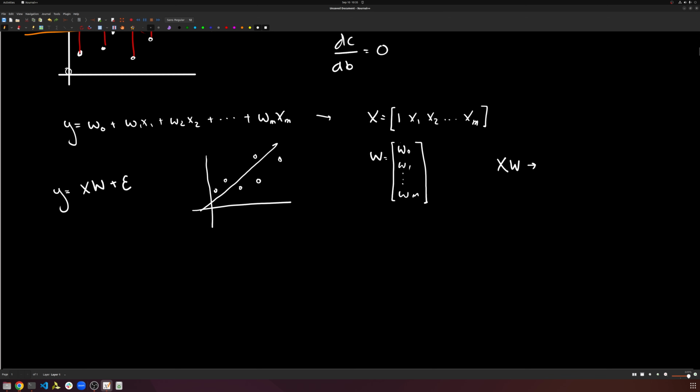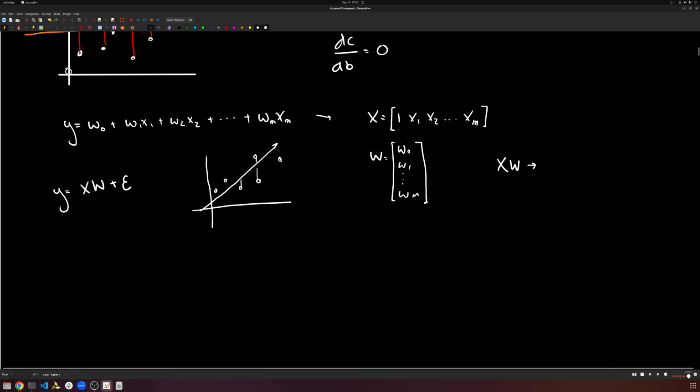Here's our line of best fit. And so our true y values are going to be xw, which is this line, w0 plus w1 x1 plus dot dot dot. Obviously, there are more features. I can only draw up to 2 here, but it's this line plus some error.